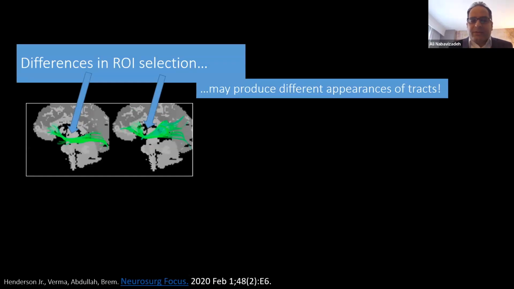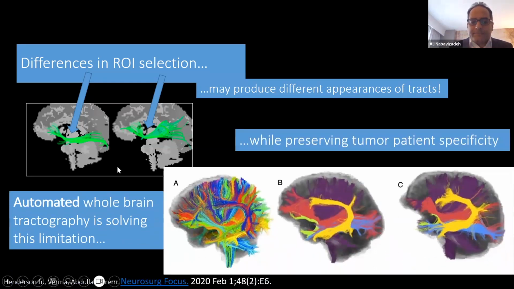One of the limitations of deterministic tractography is that differences in ROI selection may produce different appearances of tracts, as you can see here. That's why automated whole brain tractography somehow is solving this limitation by automatically generating these tracts, decreasing the operator variability by omitting the manual ROI placement.